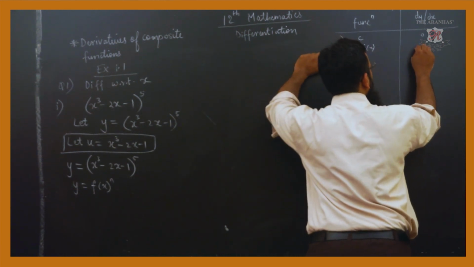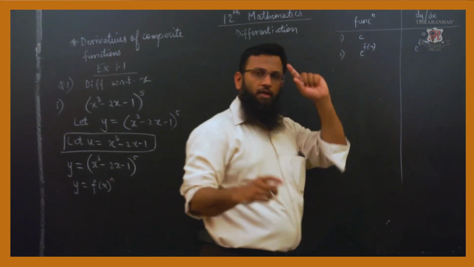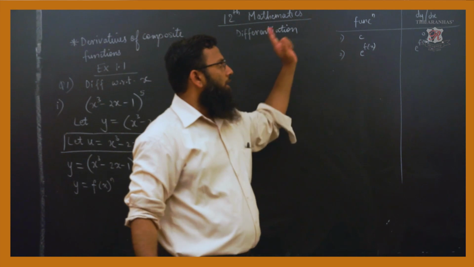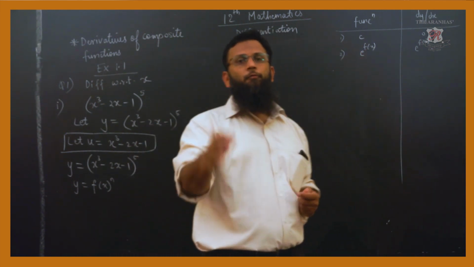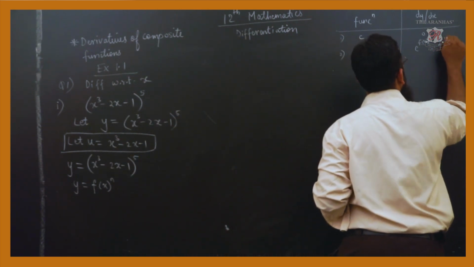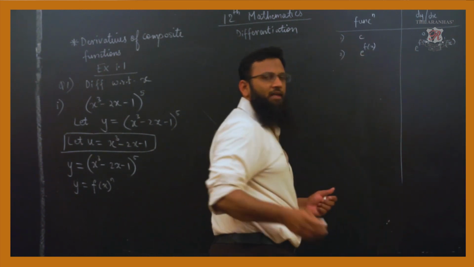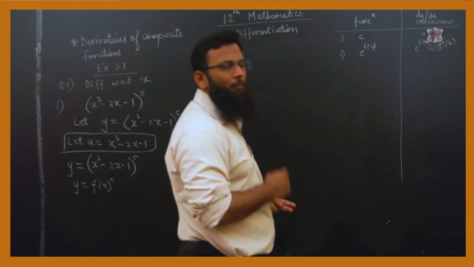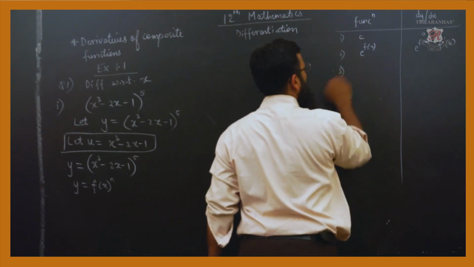So the derivative of it will be e raised to f(x), and dear students, whichever function is involved with the main function, you have to take the product of its derivative, that is f dash of x. How to apply it in the problem? Don't worry. As we keep on solving the exercise, I will explain all these formulas listed here.